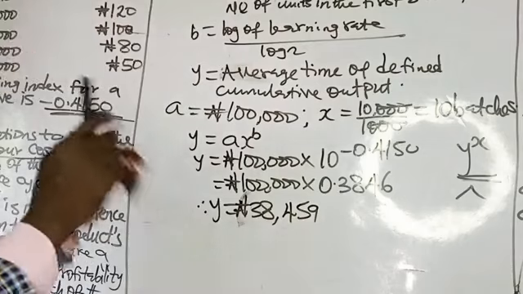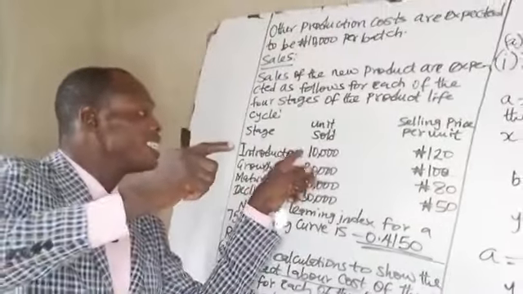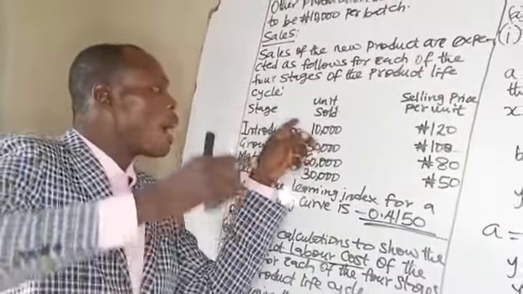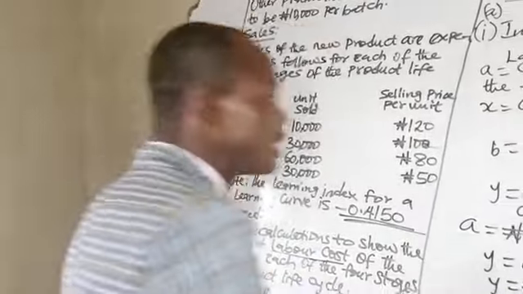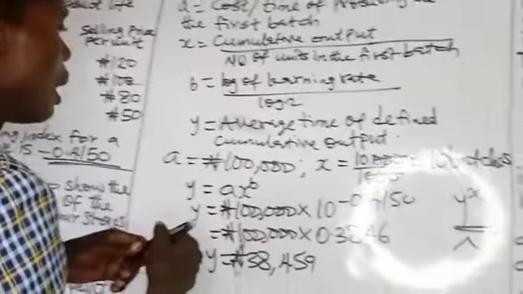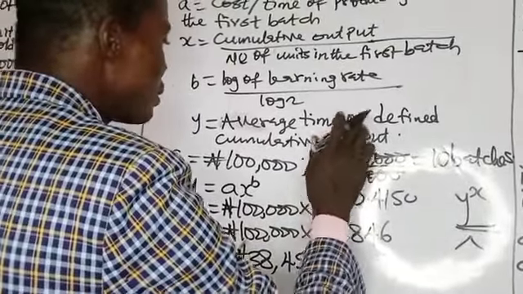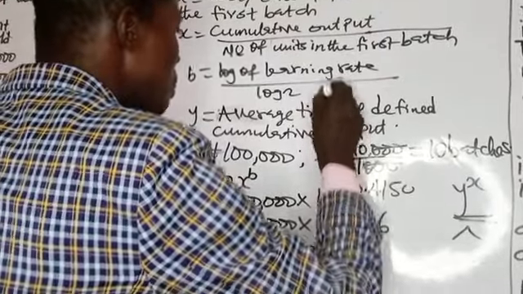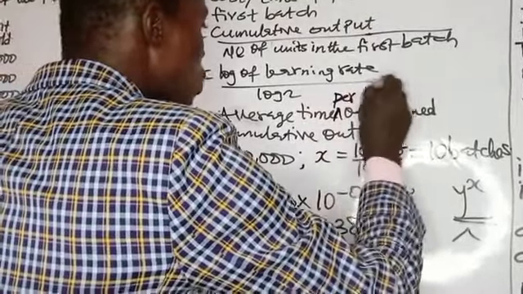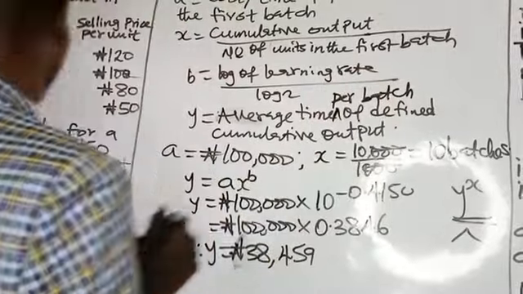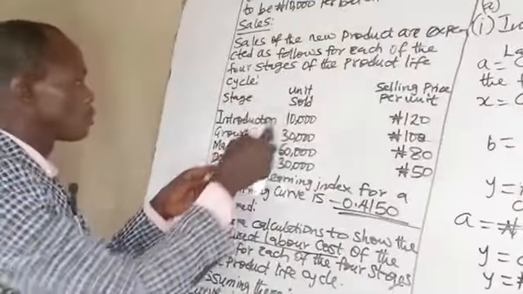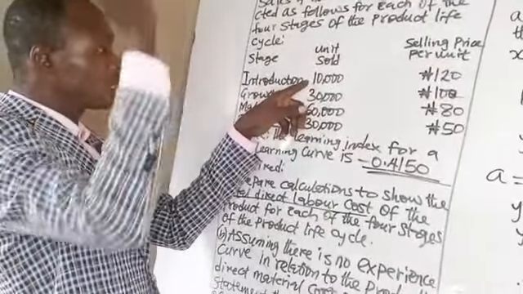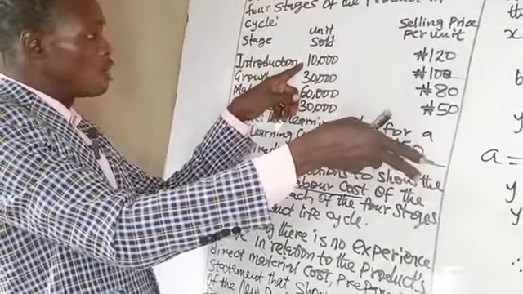That means to produce 1 batch, let me call it the average time per batch of defined cumulative output, since I'm working on a batch basis. The cumulative output is 10,000, and the time per batch is what was obtained.